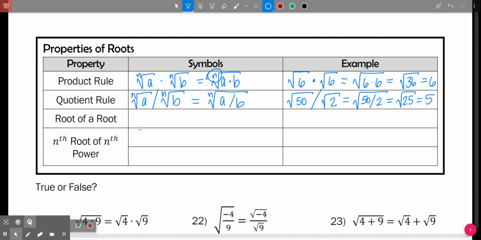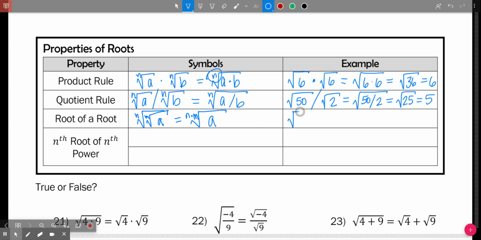When you're finding the root of a root, so let's say we're finding the nth root of the nth root of a, well, this is the same as finding the n times nth root of a. So it's like raising a power to a power. You multiply the indexes together.